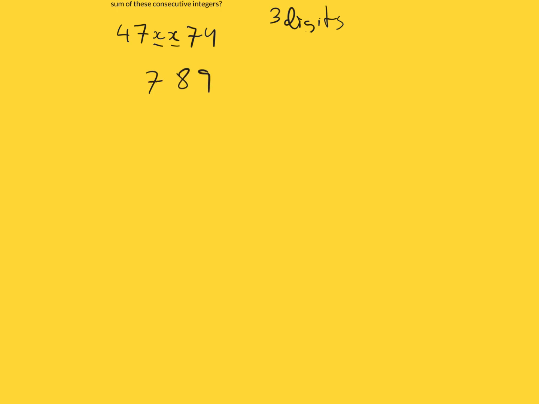And then let's try 789. 789, right? So the idea here with 789 is we're going to do the thing again. A7 times A8 gets us 100a squared plus 150a plus 56.